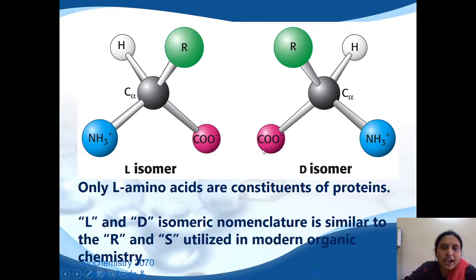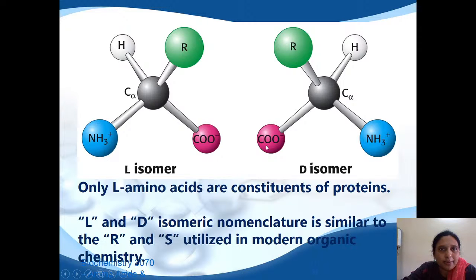So these two, the D form and L form, are the isomers of the amino acid, and they are mirror images of each other. How could you differentiate D form and L form? Based on the orientation of the amino and carboxyl groups around the alpha carbon. If NH3 is on the left side and the carboxyl group is on the right side, that is the D form, and its mirror image is the L form.